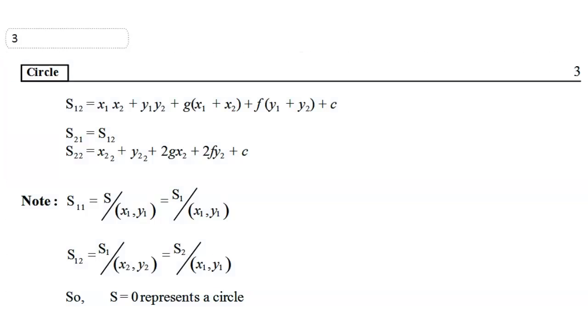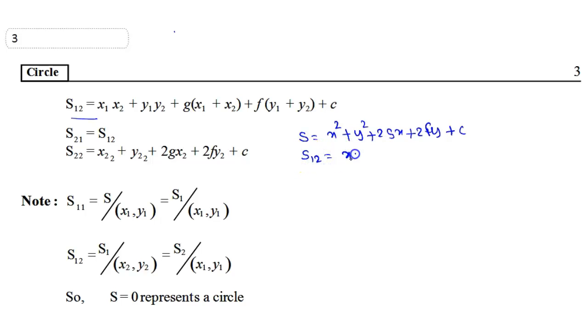Now here, go for S12. Here I have already taken S is equal to x square plus y square plus 2gx plus 2fy plus c, right? So here I am taking S12.